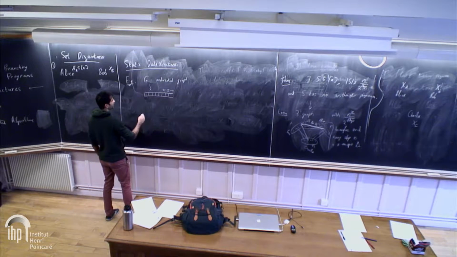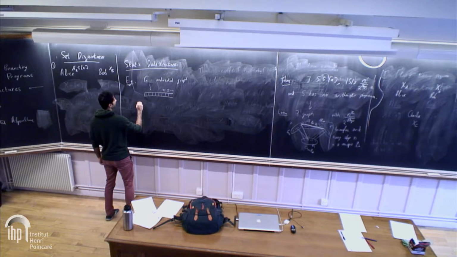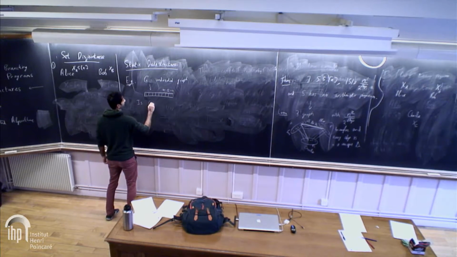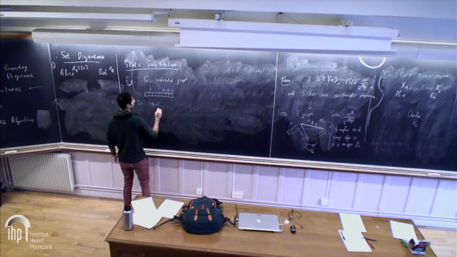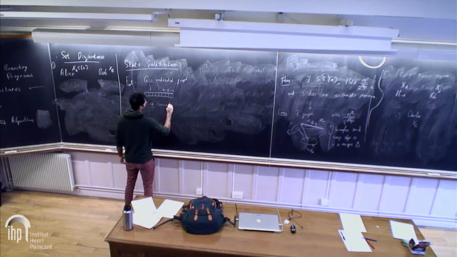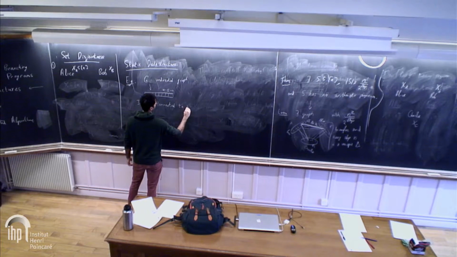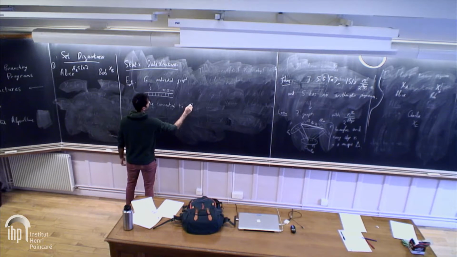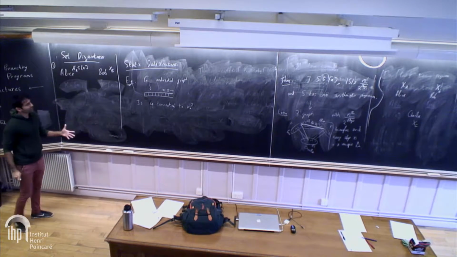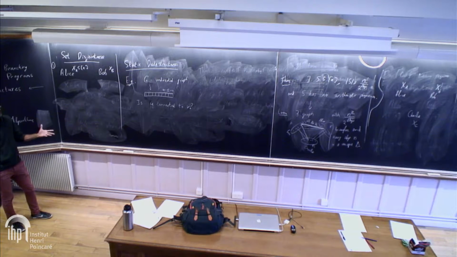And then at runtime, you're going to need to answer queries that look like this: is U connected to V? I want to store the data in such a way that I'll be able to very quickly check whether U is connected to V.